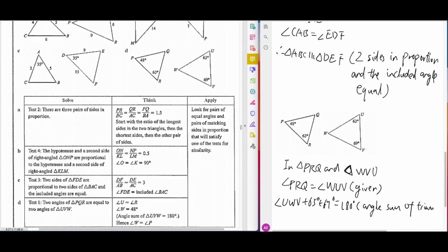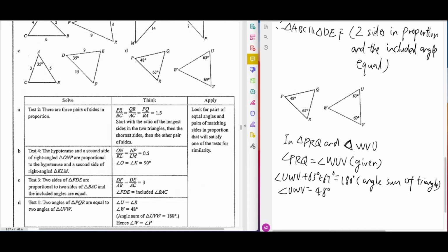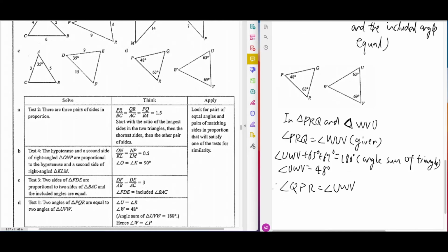Now, that means angle UWV is equal to 180 take away those 2 angles combined. So what's that? 132, so 48 degrees. Right? So after you work out angle UWV, you can say angle QPR is equal to UWV. So you can just write therefore here because you've shown that.